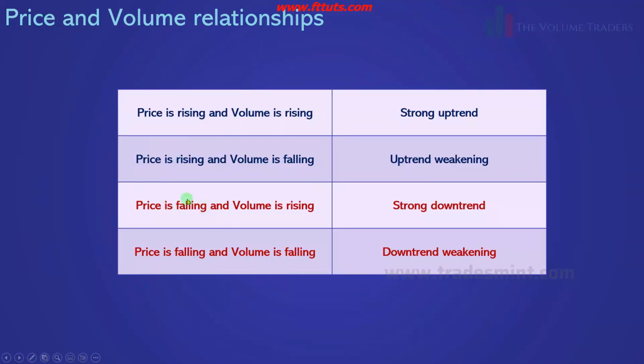And opposite, when price is going down, but the volume is bigger and bigger, it means more sellers are still joining the market and they would like to take the best possible lower price. So this is an obvious strong downtrend.